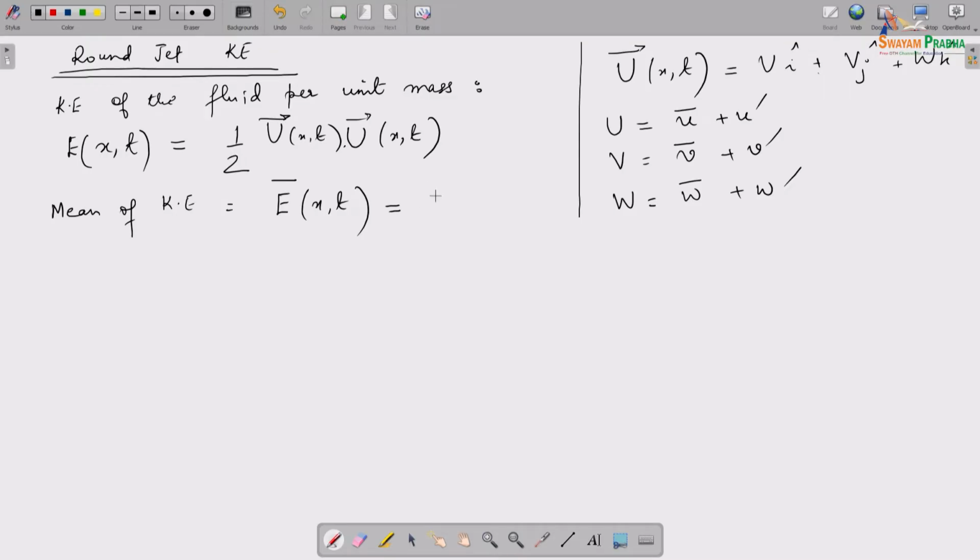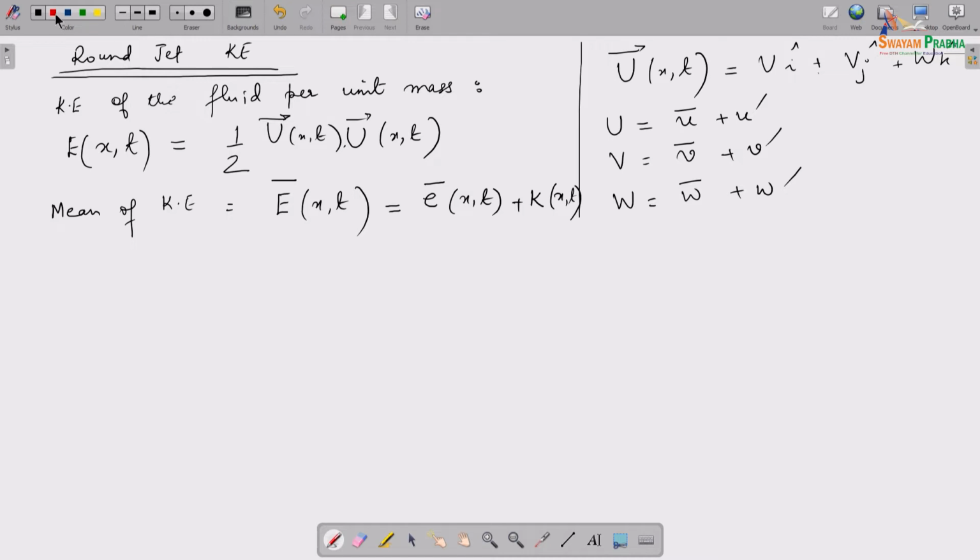Now a mean of the kinetic energy, let us say that this also is composed of a mean value plus a fluctuating one.